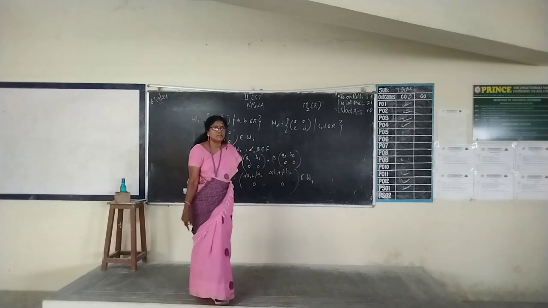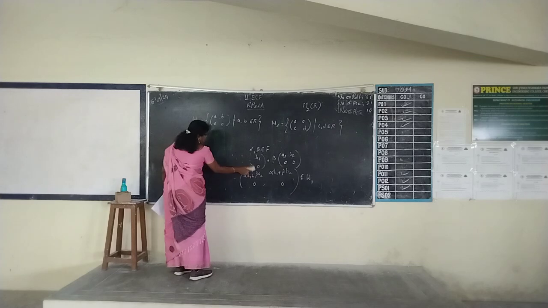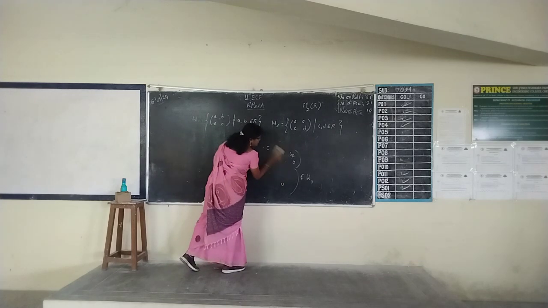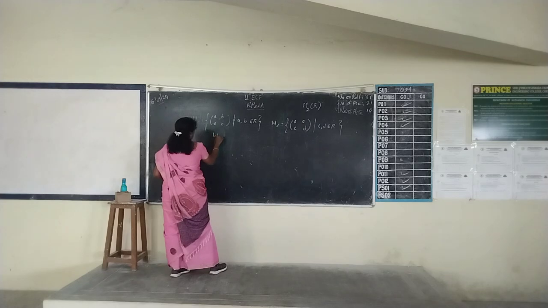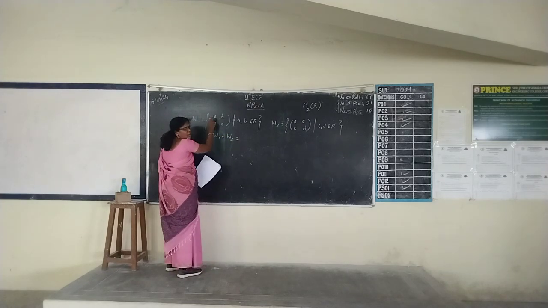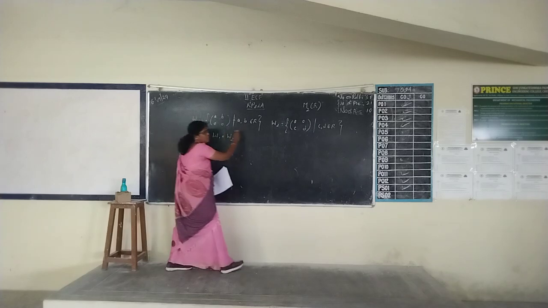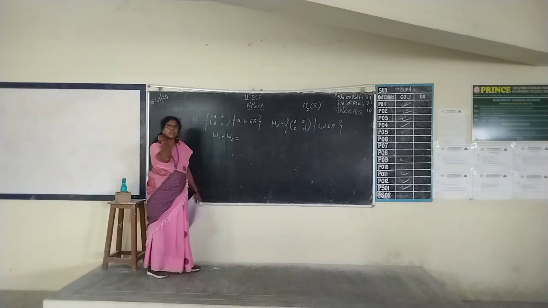So W1 plus W2 is equal to, just simply add both the matrices. In W1 the elements will be of the form A, B, 0, 0. In W2 the elements will be of the form 0, 0, C, D. When you add both, what will be the resultant answer?